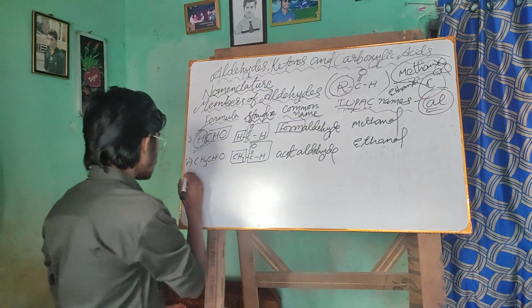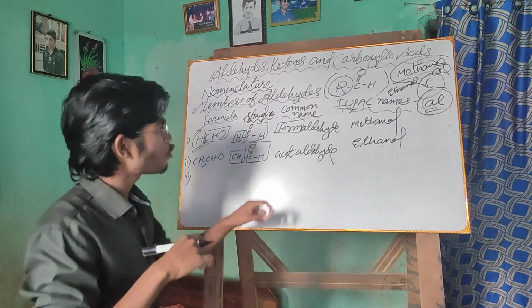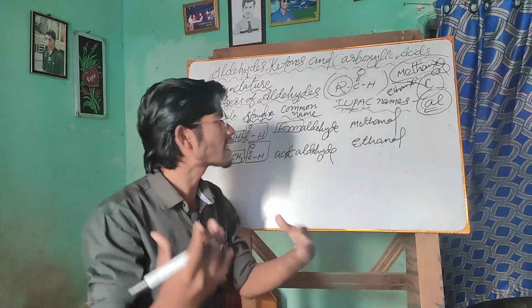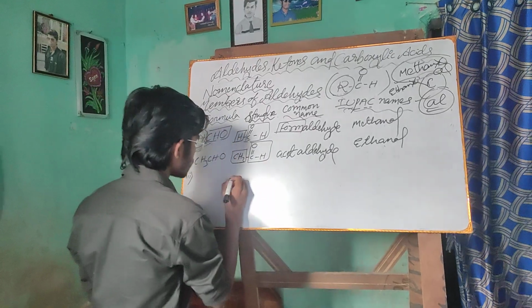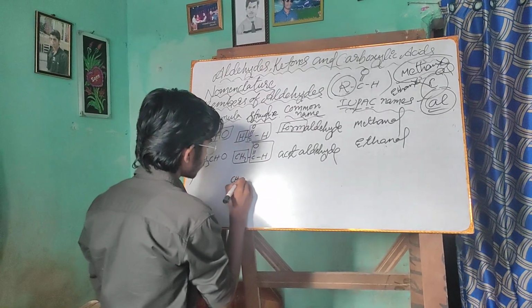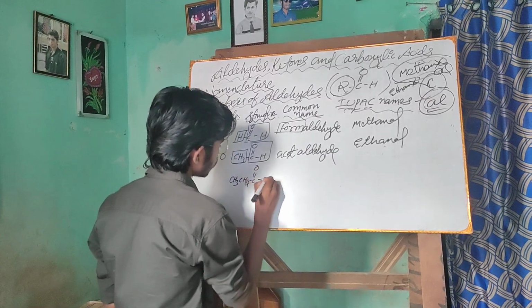That's it. Now move on to the third member. If you put the next member of the alkyl group in the place of this R, then what is obtained? You will write CH3CH2C double bond OH.